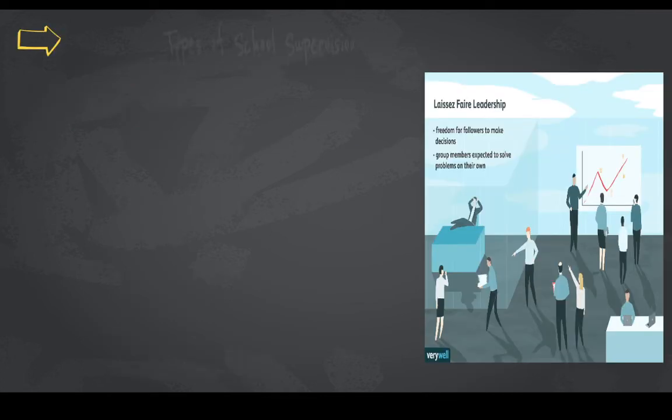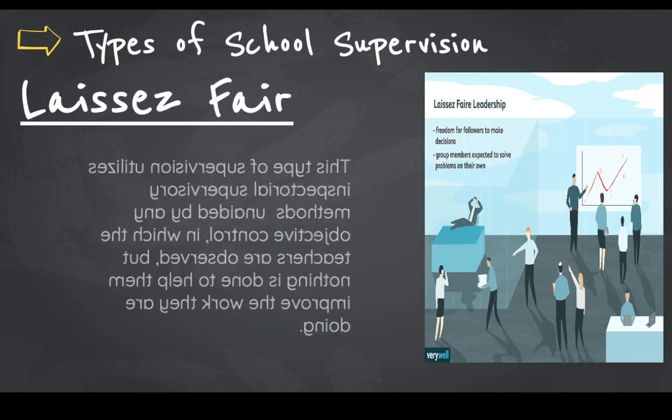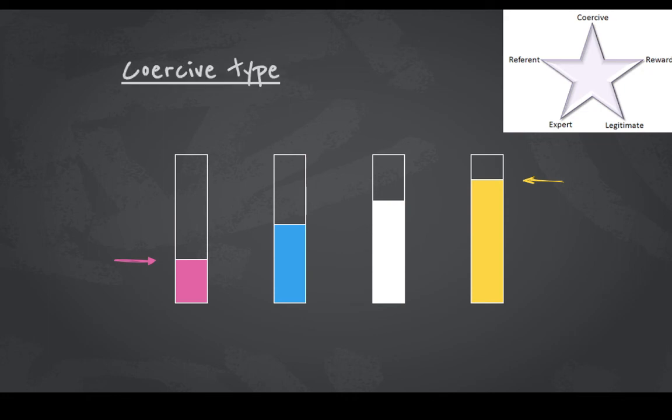We have the types of school supervision. We have the laissez-faire. This is the type of supervision that utilizes inspectorial supervisory methods unaided by any objective control in which the teachers are observed but nothing is done to help them. We also have the coercive type.